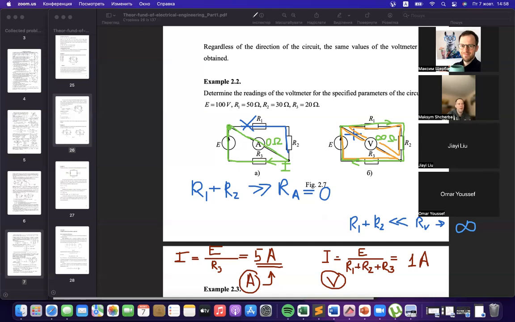In the upper mesh, it will be I on R1 plus R2. It will be 1 multiplied by 80, which is 80 volts.